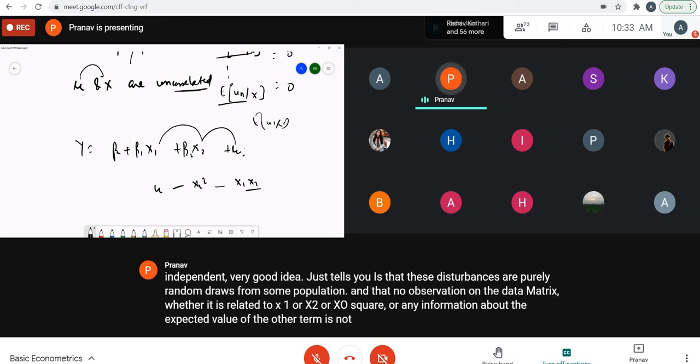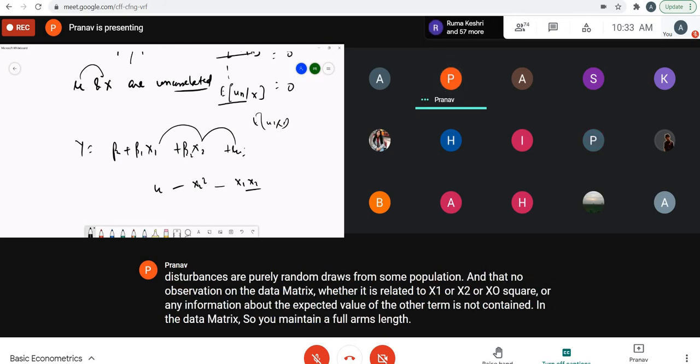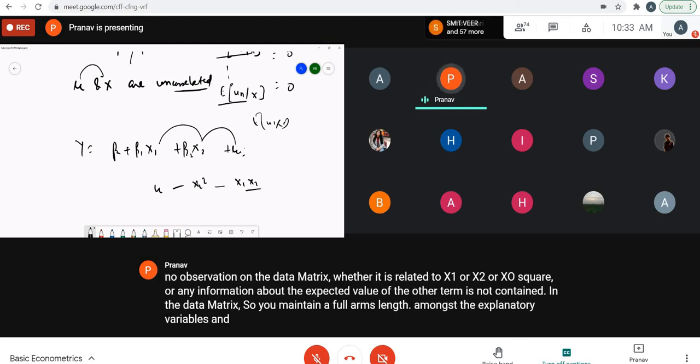So you maintain a full arm's length between the explanatory variables and the random error term in the model.